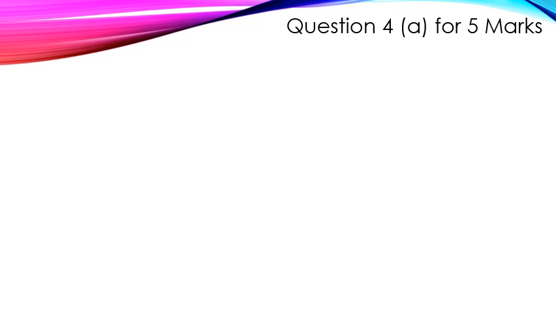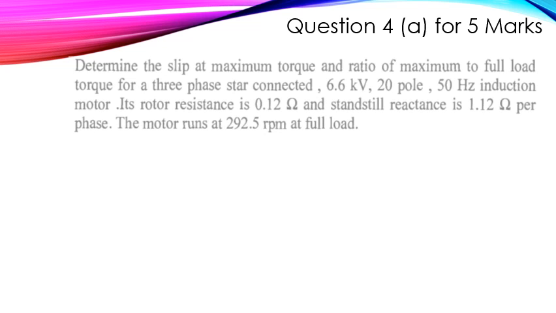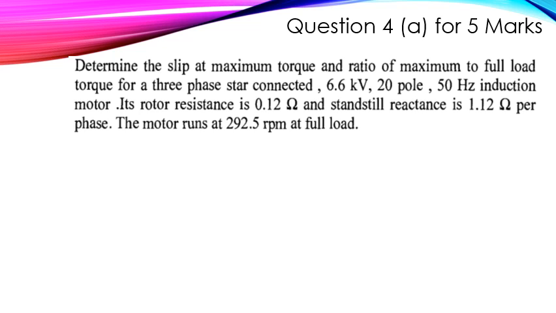Now let us see the next question. Question 4a, which is for 5 marks. The question is, determine the slip at maximum torque and ratio of maximum to full load torque for a 3-phase star connected 6.6 kilovolt, 20 pole, 50 Hz induction motor.